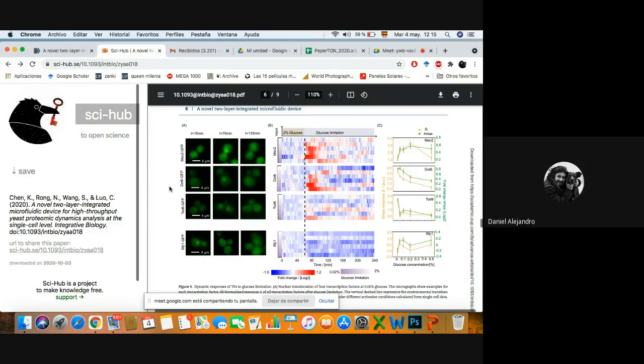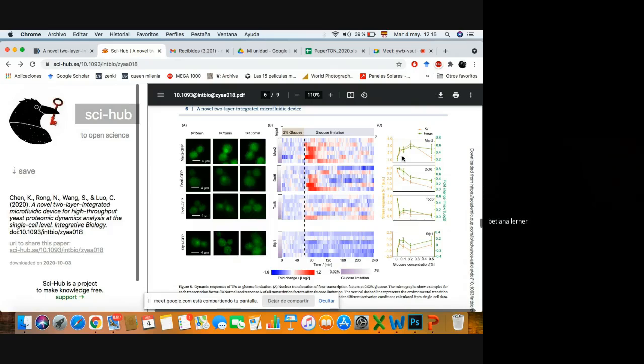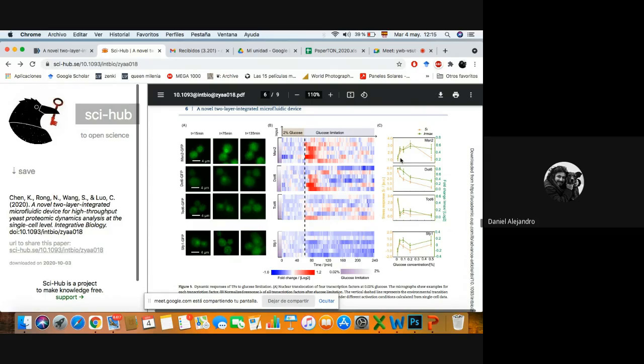Okay. And ImageJ, but not for this, just to measure this one. And here you can see the relationship between the fluorescence and the glucose concentration.